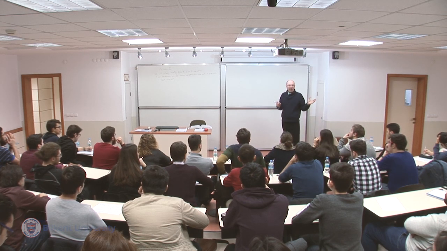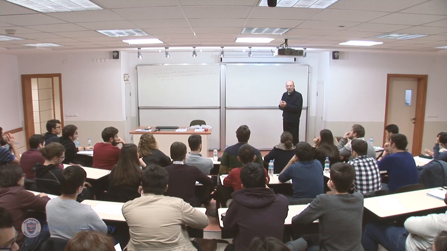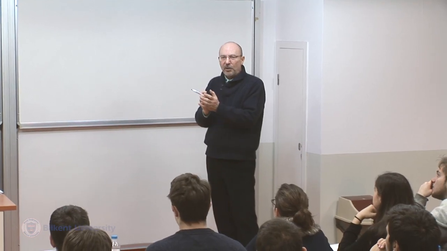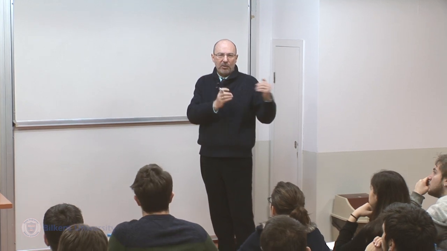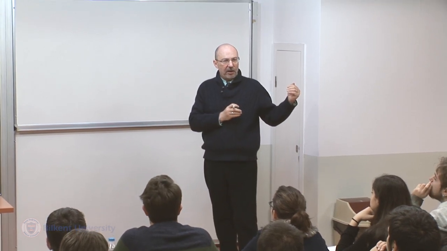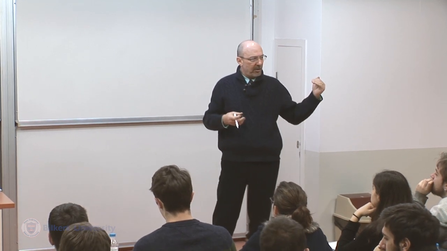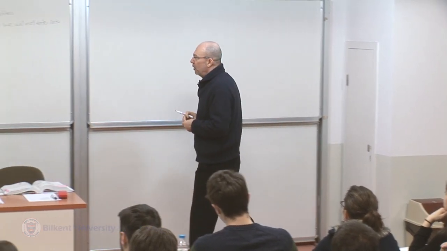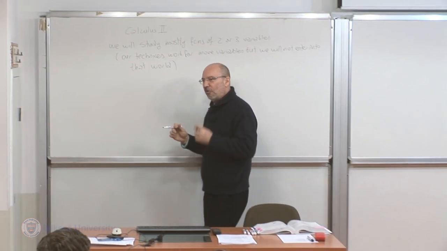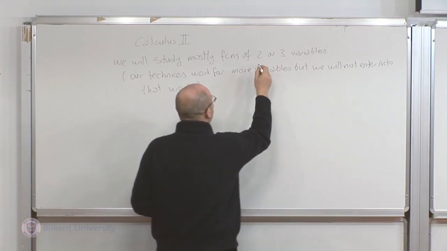Even though we had pictures, we didn't rely on the pictures. There was a technique of calculating things. So if it is now 7 variables, who cares? I'll just use the same techniques. To initiate you to this state of mind, we only do 2 or 3 variables.